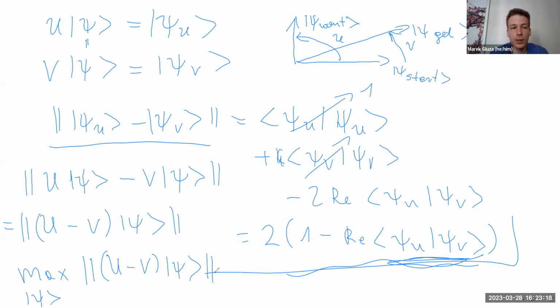Yeah, and so now if I look at this definition, it's maybe not so useful, but if you maximize this, then this becomes the maximum eigenvalue of u minus v, right?